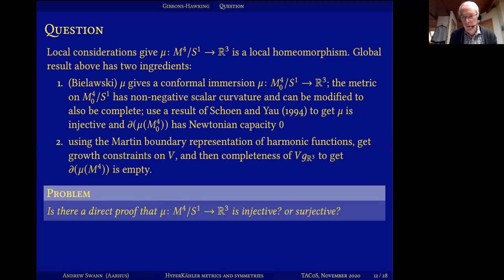So it's a very natural question to ask whether there's a direct proof of the statements above that are used. In particular, when we take the map mu on the leaf space, that it is injective, or actually it would be enough to prove directly that it is surjective. It would be very nice if there was some direct hyperkähler way to get such a result.